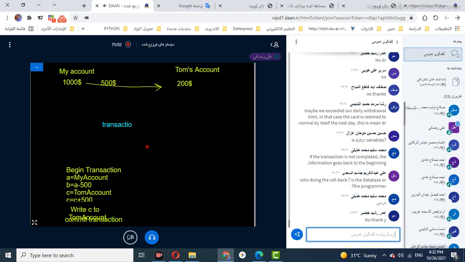Transaction processing is performed by the database engine automatically. Okay.